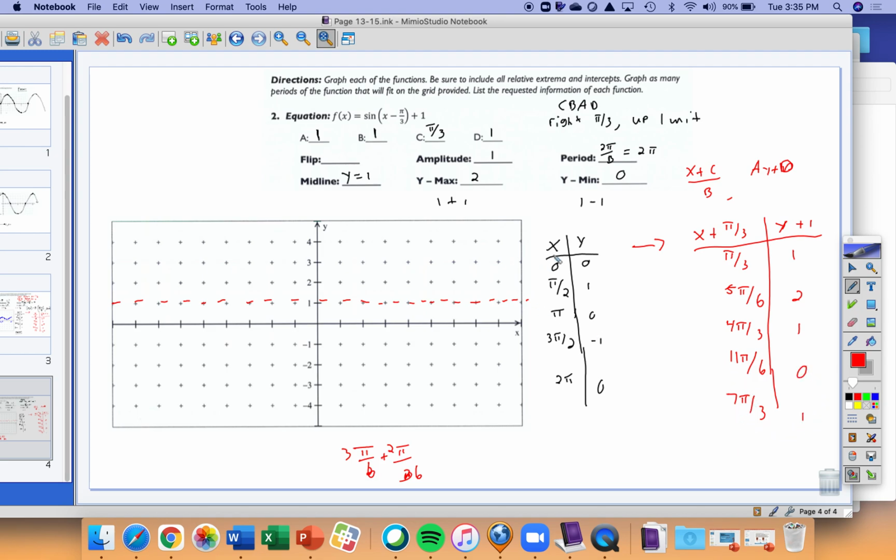And now we're going to plot these points. Before we do that, we have to label the x-axis. So we'll call this pi over 3, and we'll call this 5 pi over 6. And then we'll call this 4 pi over 3, and we'll call this 11 pi over 6, and we'll call this 7 pi over 3.